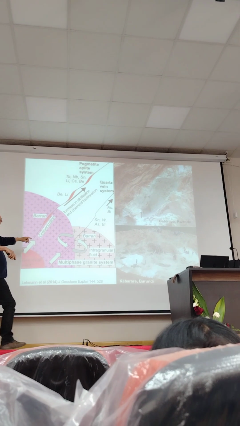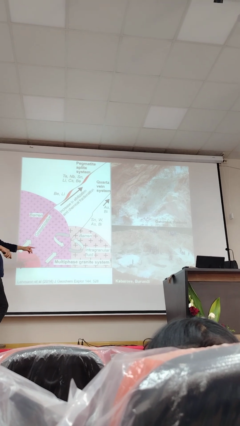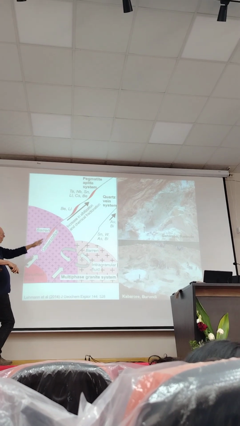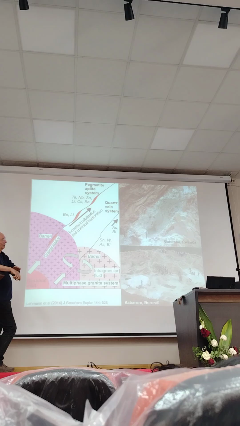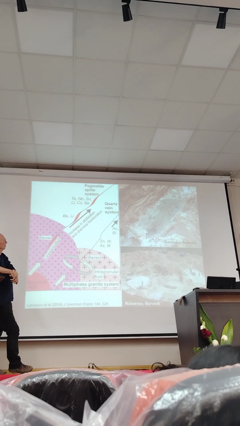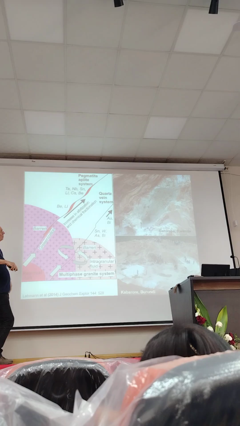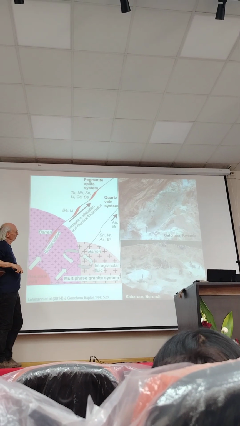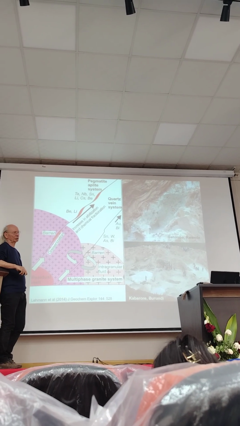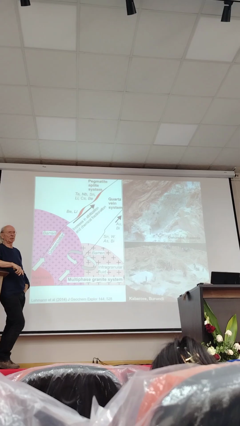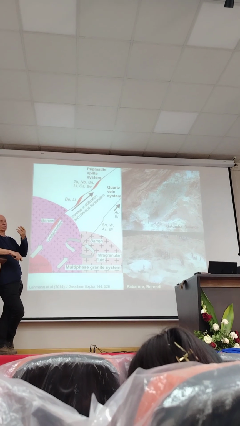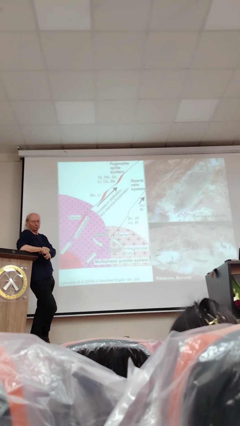And what we also observed in Central Africa, there are quite often quartz veins with gold and bismuth. So we think there is a connection between these rare metals and gold as well. Because the gold can also represent a stage of evolution of the granite system.